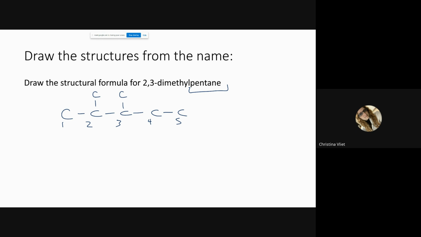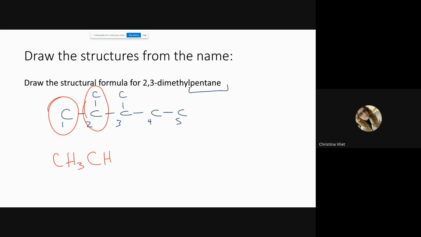So how do we translate this now to structural? Carbon 1, what do we write? CH3. How many hydrogens? 3. Carbon 2, what do we write? How many hydrogens? 1. And then you've also got a methyl.